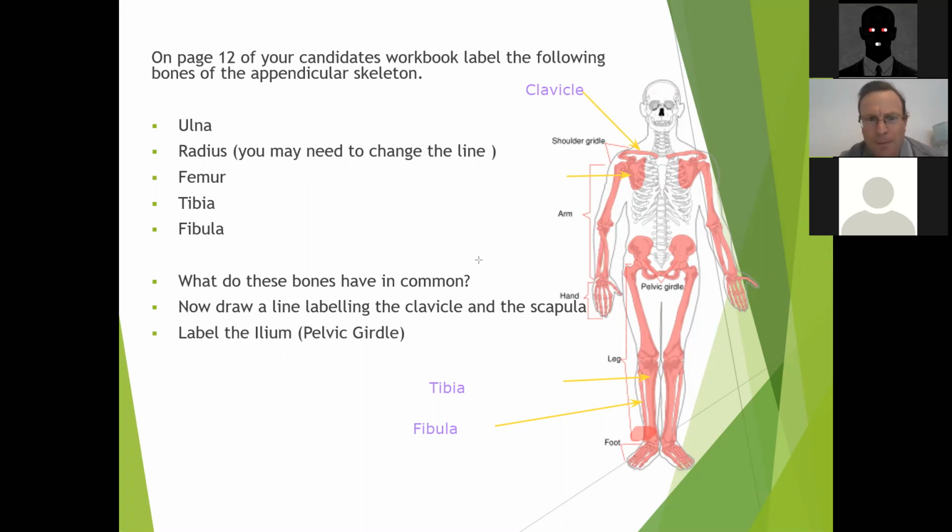You've got a picture where your diagram, I'll try to do it on the same side that you have. It kind of goes to there. If you just extend that line in a little bit more, you'll find the ilium. So if you can just put that in there, and that's part of the pelvic girdle. So again, part of the appendicular skeleton.